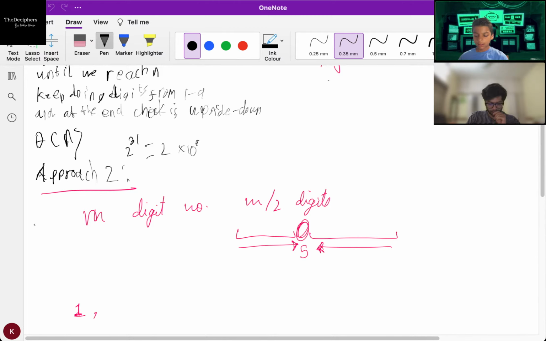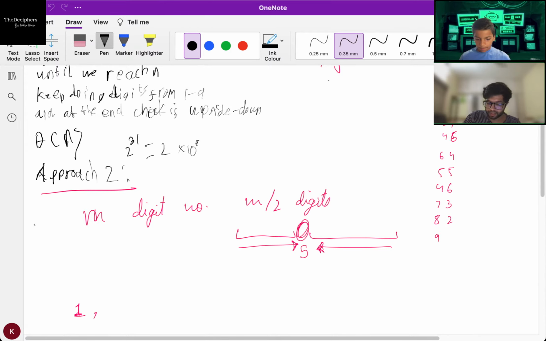Two is even, so the digits need to sum to 10. So 19, 28, 37, 46, 55, 64, 73, 82, 91.